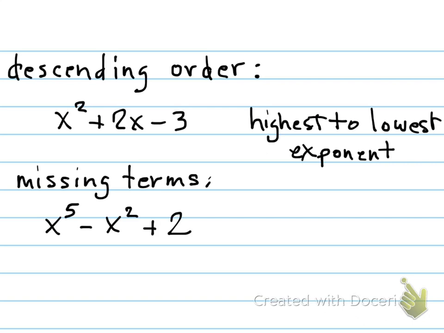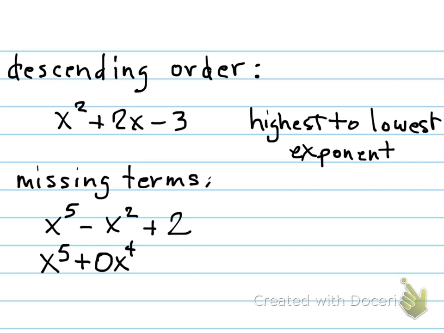So do I have missing terms here? Yes. X to the 5th is my first term, right? The first one you just always start with. What should come after x to the 5th? How many x to the 4th do I have here? 0. So put plus 0x to the 4th. Now, in reality, 0 is not positive or negative, but most people are happier just putting plus 0 instead of minus 0.